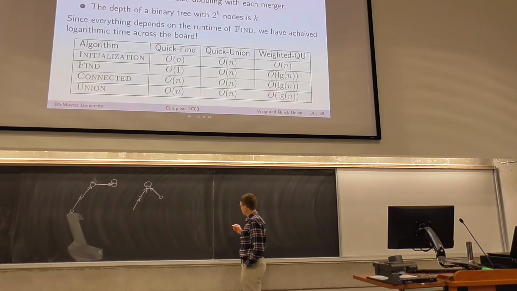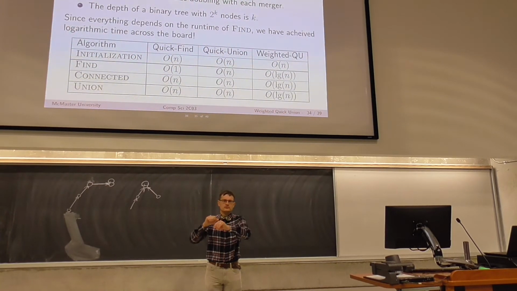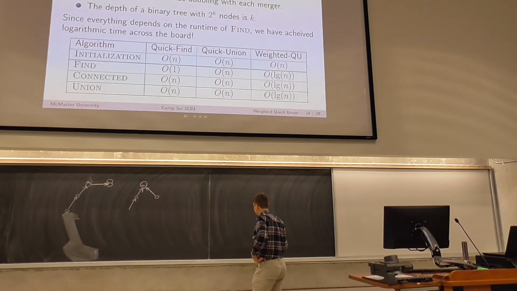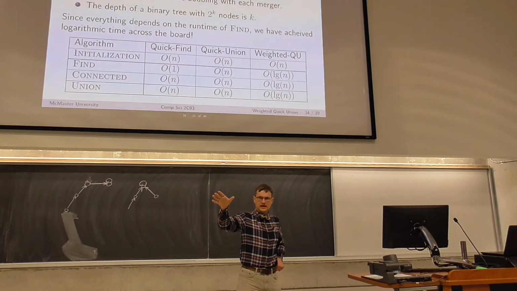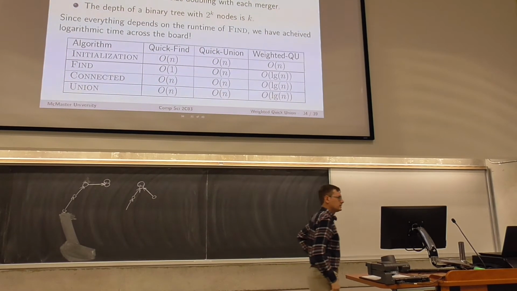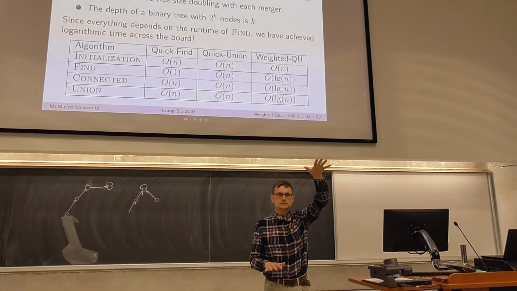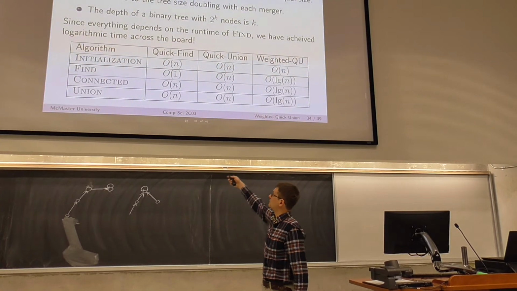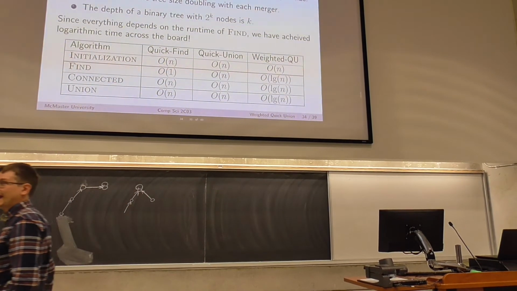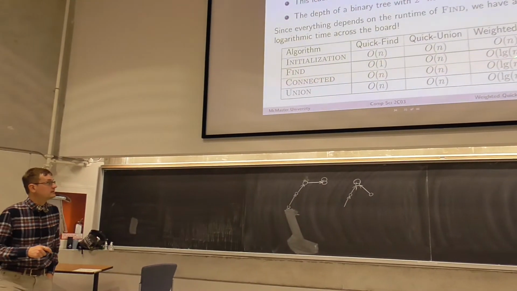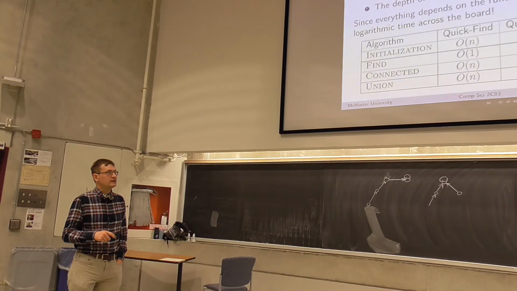If you imagine the trees being formed from the leaves up to the stem, at any rate, the worst case scenario is a binary tree, right? What's the depth of a binary tree relative to the number of nodes in that tree? It's log n. Therefore, we have improved the runtime of find, connected, and union, because union now only depends on the complexity of find. Everything depends on the complexity of find now.